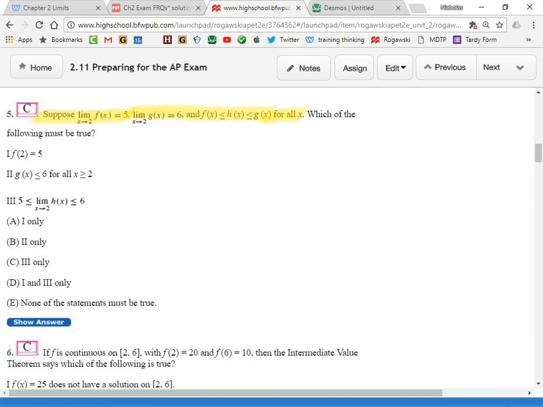No. And so what I'm thinking of is a counterexample, something that looks like this. Now, I don't know what f looks like, but I do know that when we're approaching 2 from the left and then from the right, we're going to approach 5. So let's say this is 5. We're going to go up to 5, and then we're going to go away from 5, because on both sides, the left side and the right side, we're both approaching 5.